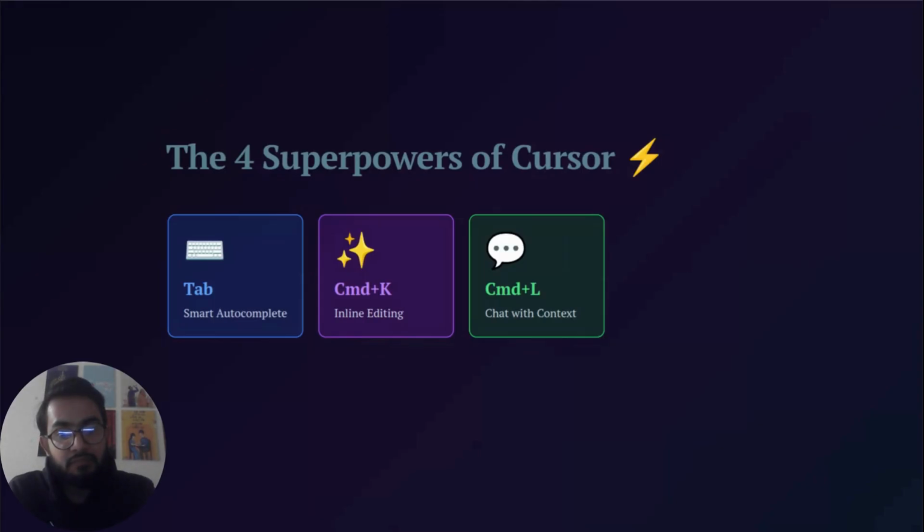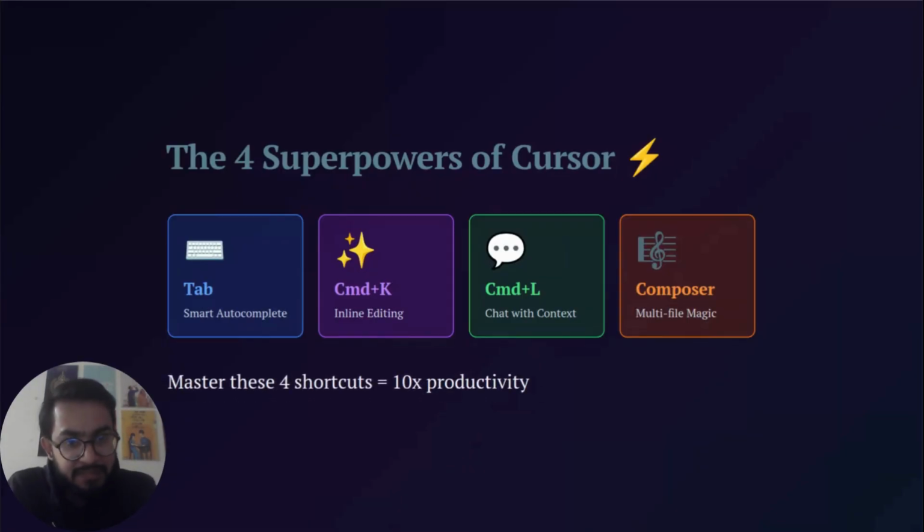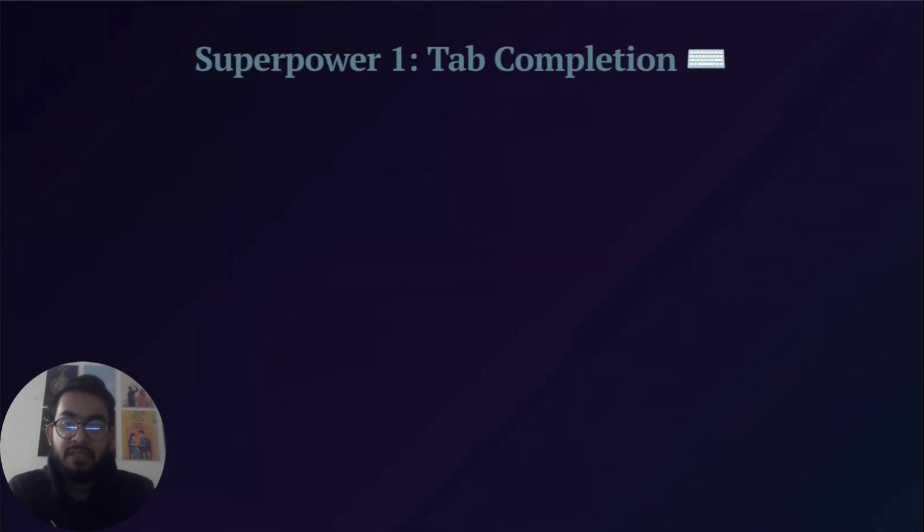Third, Command+L opens the chat with context. And fourth, the Composer, which is multi-file magic. If you master those four shortcuts, then your productivity will increase by 10 times. So let's dive into the details of those superpowers.